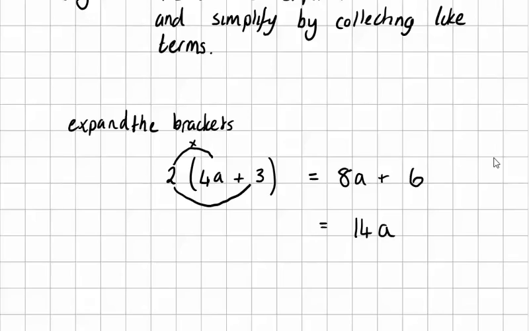Okay. Well, does 8a change depending on what a is? If I told you a was 2, 8a would be 16. If I said a was 4, 8a would be 32. So this bit changes depending on what I tell you a is. Does the plus 6 change if I change a?